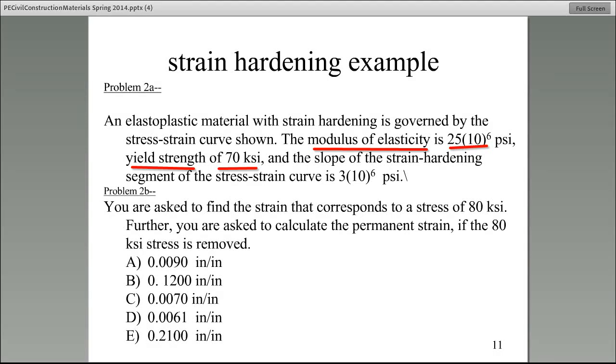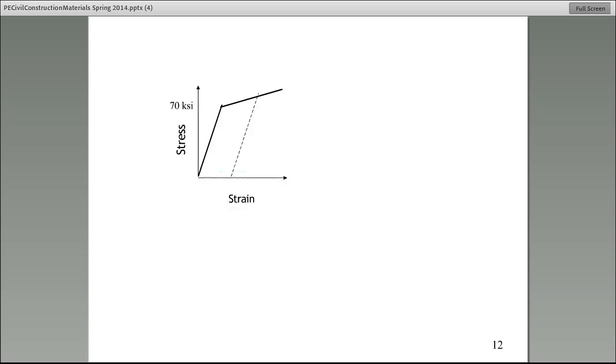Then it goes on to say the slope of the strain hardening segment is 3 million psi. Let's take a look. 70 KSI is the y value of the point at the knee. The slope of this first segment is 25 million, and for the second segment, they gave the slope of that curve.